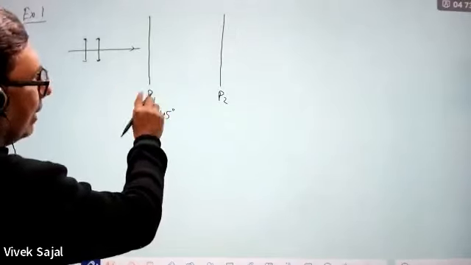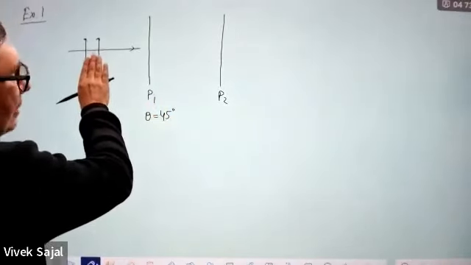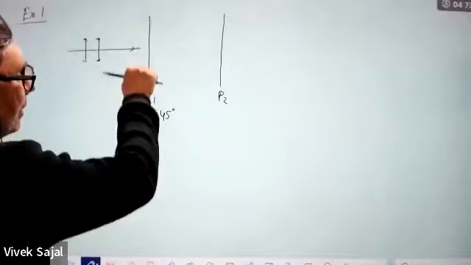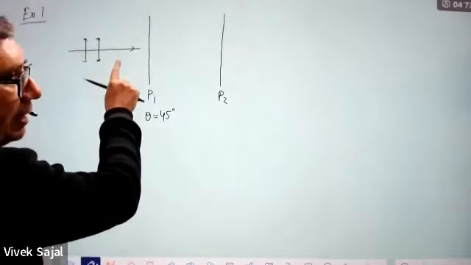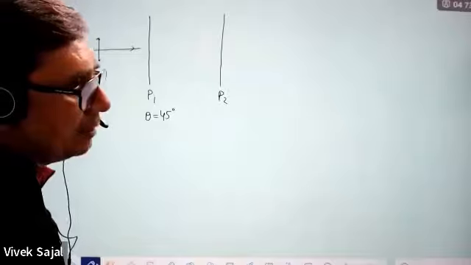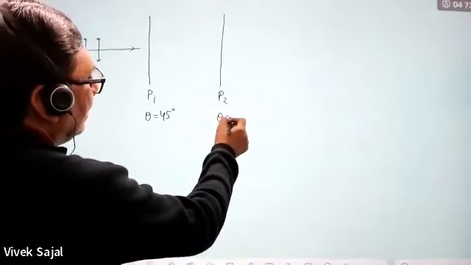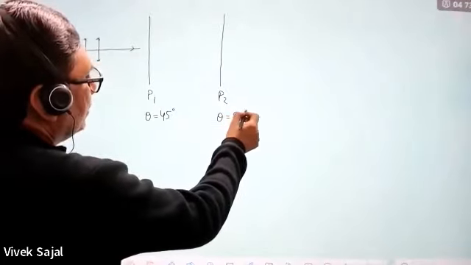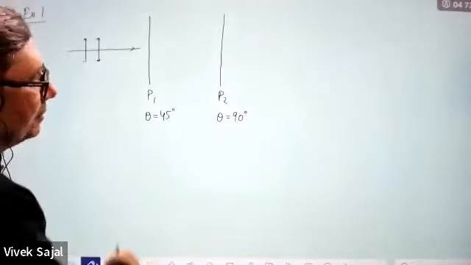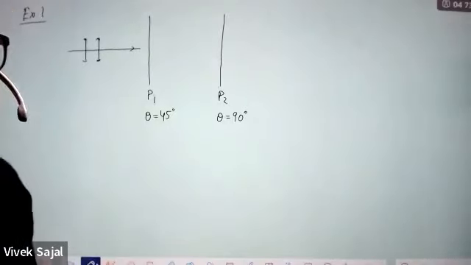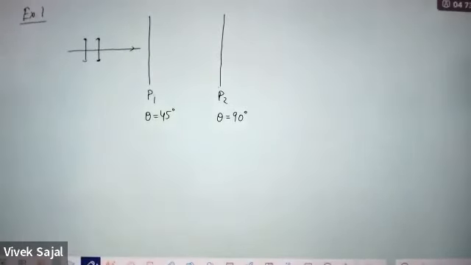They have placed this polarizer in such a way that its path axis makes 45 degrees with the electric vectors, and the path axis of the second makes an angle of 90 degrees with the original direction of the electric vectors. That is given in this question. What fraction of the original intensity passes through the last polarizer?